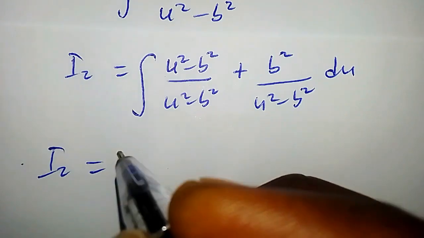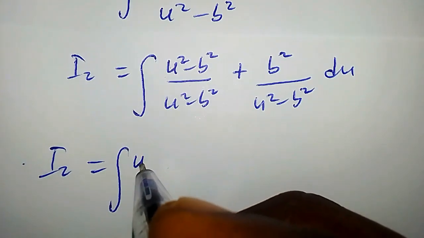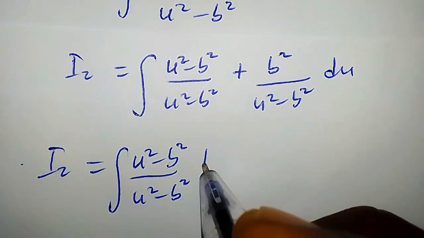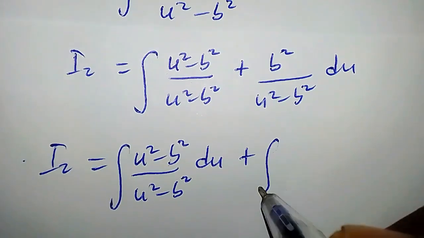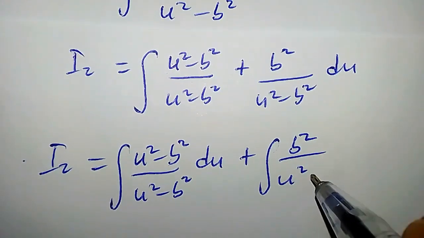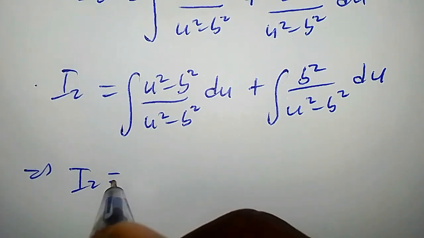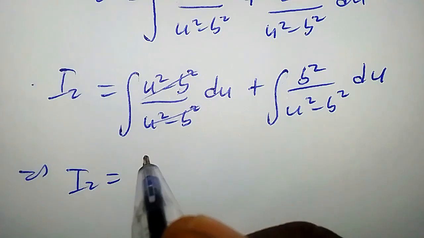I2 is equal to the integral of u squared minus b squared over u squared minus b squared du plus the integral of b squared over u squared minus b squared du. This means that I2 is equal to, clearly, these two cancel each other.